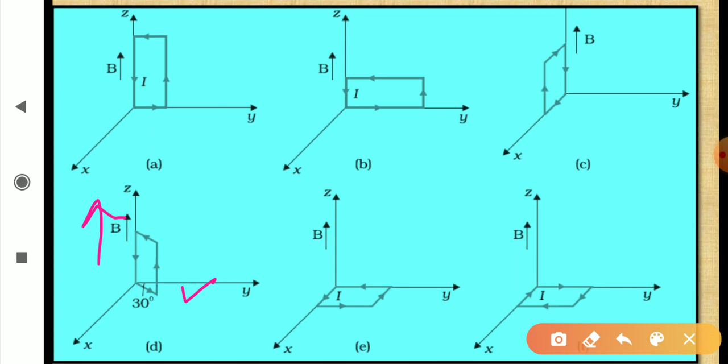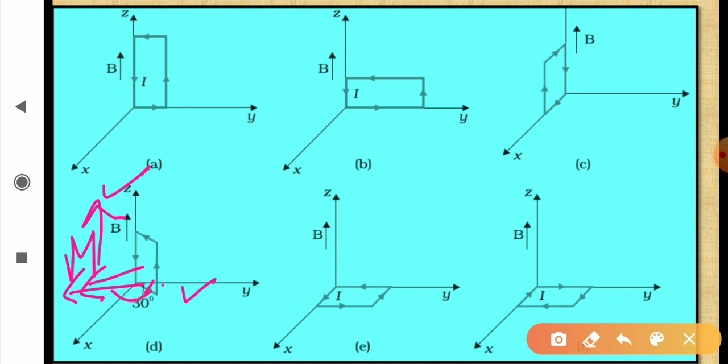And now if you want to find out the area vector, see, the area vector will be like this. So it is 30 degrees here plus 90 degrees here, 120 degrees from here. I'll get 120 degrees from here. So it will go till this point, right? And the angle between B and M is still 90 degrees.